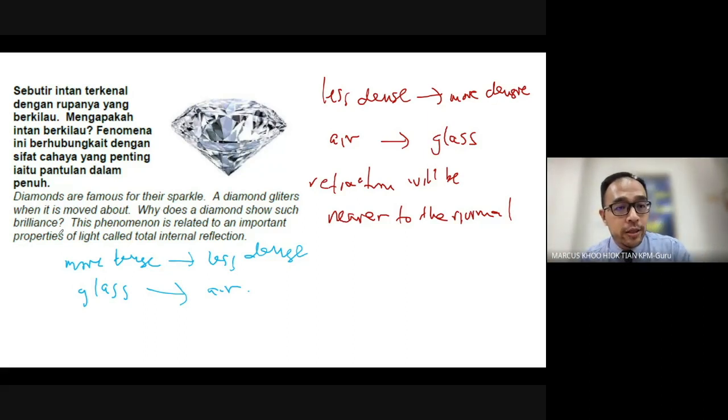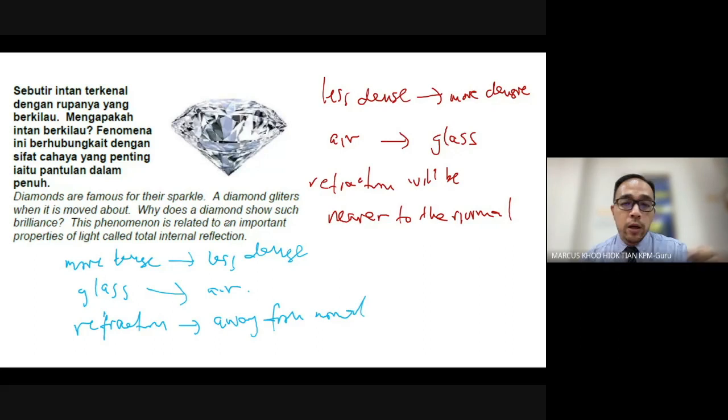So the refraction will be away from normal. All this we covered in the previous subtopic. I hope that all of you have already watched this in the previous video. But there are two directions in which the light will move after refraction, either nearer to the normal line or away from the normal line.